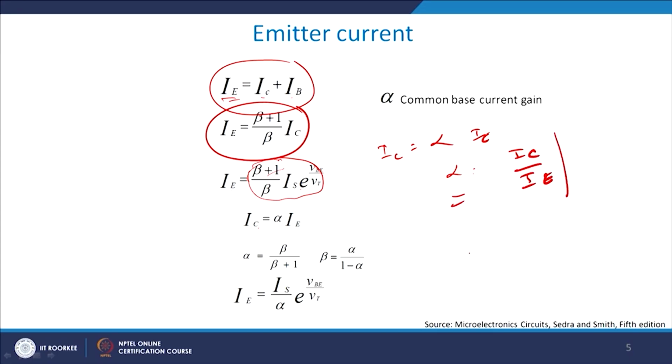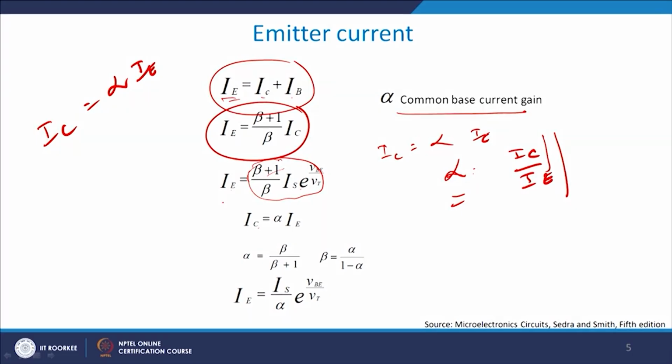Alpha is known as the common base current gain, beta is the common emitter current gain, and as you can see alpha depends upon the value of IC and IE, which is understandable, because IE is basically the total current entering the system and IC is the total current exiting the system. So, if you solve it, I get IC equals alpha times IE, which is quite simple and straightforward.